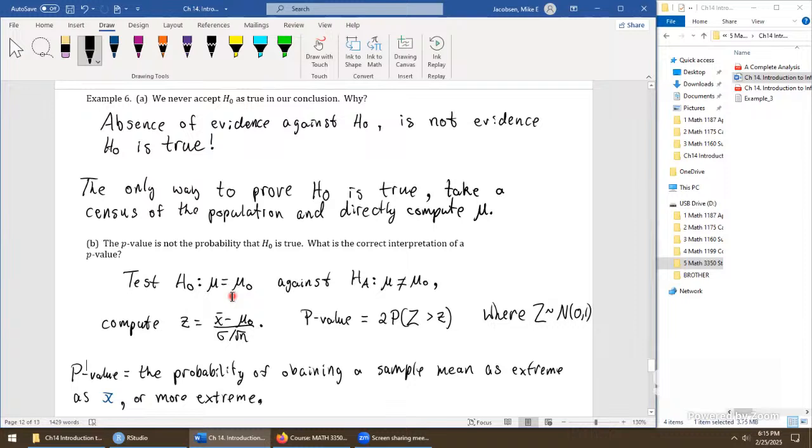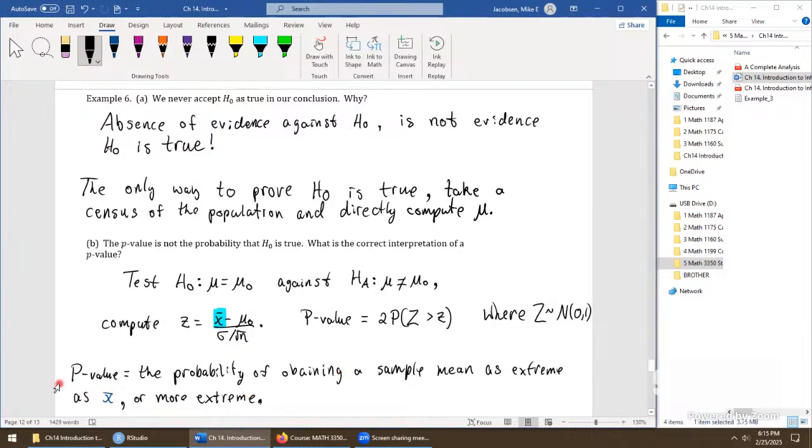By X bar being an extreme statistic, we mean it's far away from mu naught at some value, and we want to find the probability that it takes this value, or more extreme, even further away from mu naught, whatever that value is in the null hypothesis.